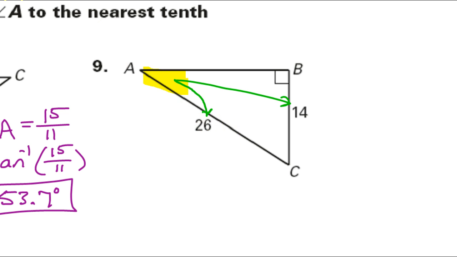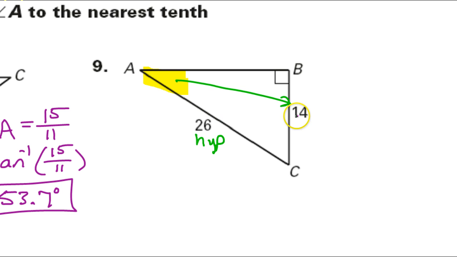Yes, the 26 is the hypotenuse. The hypotenuse doesn't depend on what angle you're looking at, so I'm not even going to draw that arrow. I'll save the arrows for opposite and adjacent. This is the hypotenuse, no matter what angle you're talking about.